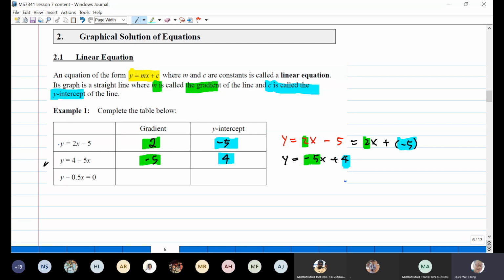Then comes the third equation. y minus 0.5x equals 0. You can rearrange them first. y on the left hand side, then move 0.5x to the right hand side, right? Then y equals 0.5 times x plus 0.